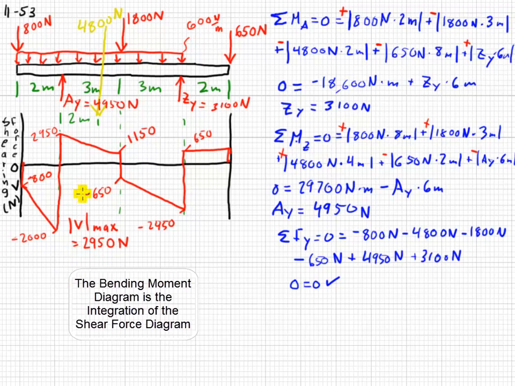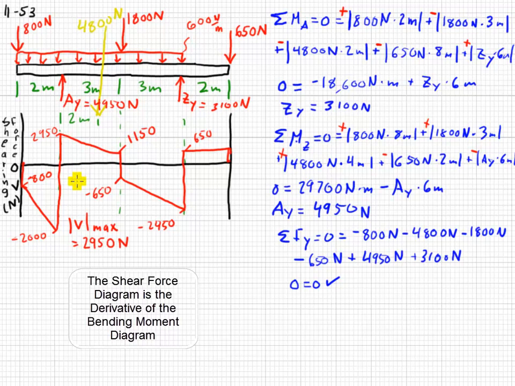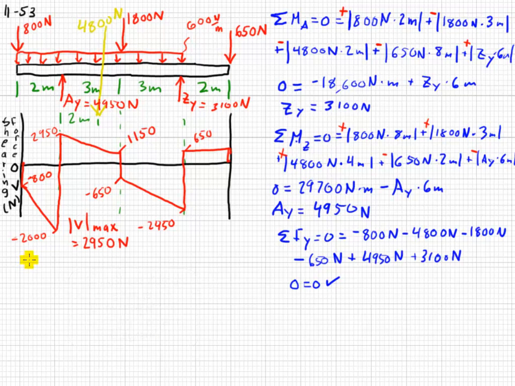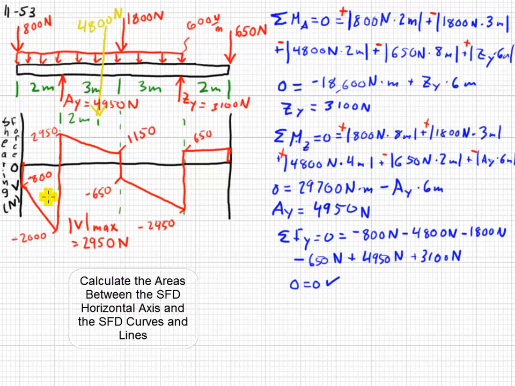So it's the integration of the shear force diagram. The shear force diagram is therefore the derivative of the bending moment diagram. So we've completed our shear force diagram. Our next step is actually to calculate areas. And I'm going to mark the areas that we have here as 1, 2, 3, and 4.